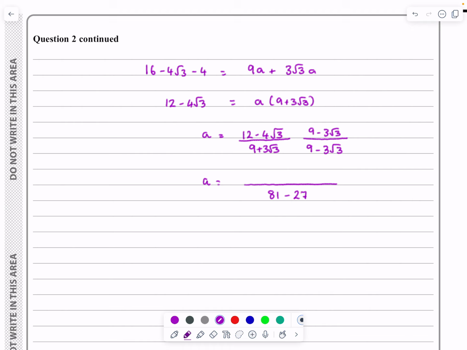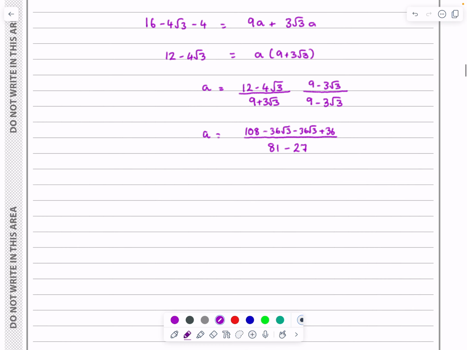On the top, multiplying it all out, again, I'll just show you what I got. I've already done it. 108. I get minus 36 root 3 minus another 36 root 3 and then plus 36. What does this all tidy up to? It tidies up to 144, 72 root 3 all over 54, and then things can cancel there.